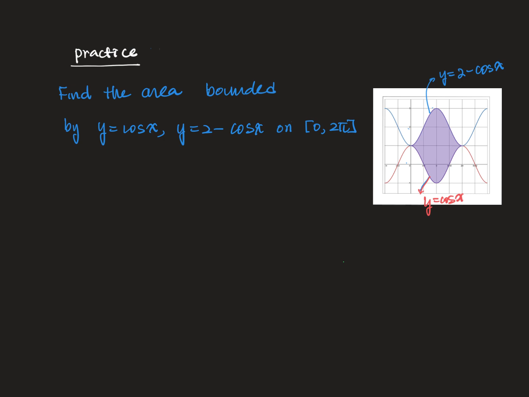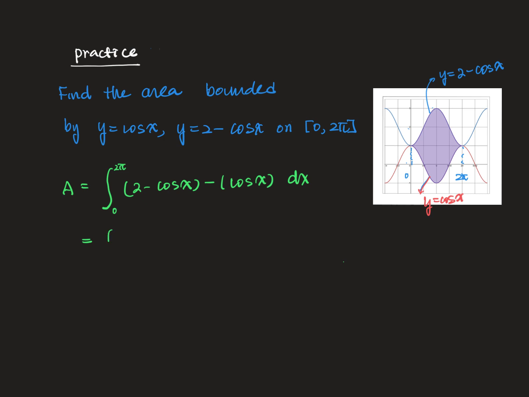They give the interval of x, from 0 to 2 pi. So there is no intersection, right? So we're going to find the area right here. The area is from 0 to 2 pi. What is the upper curve? 2 minus cosine x. The bottom curve is cosine x dx.